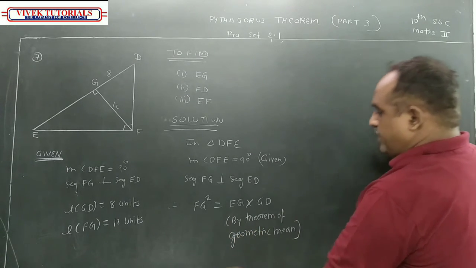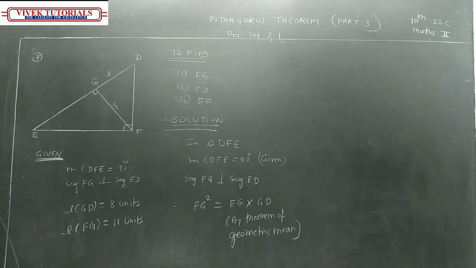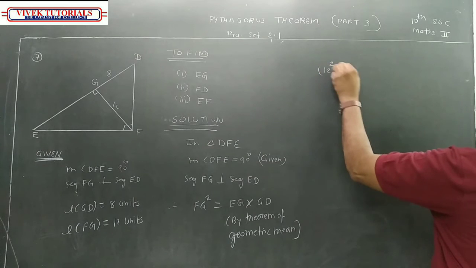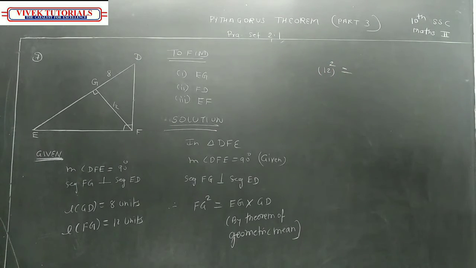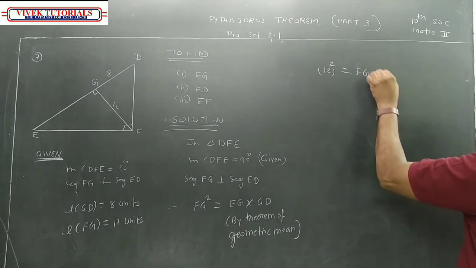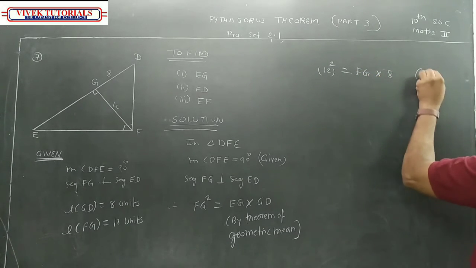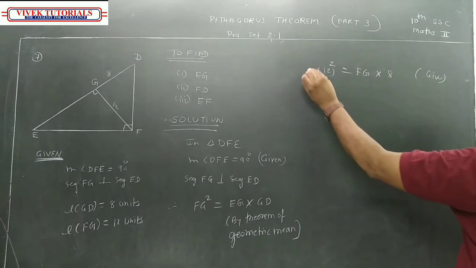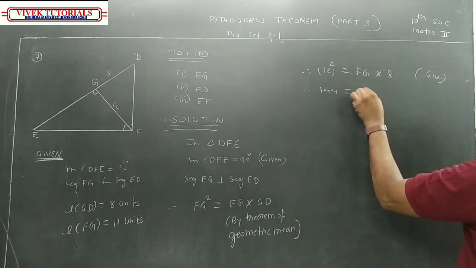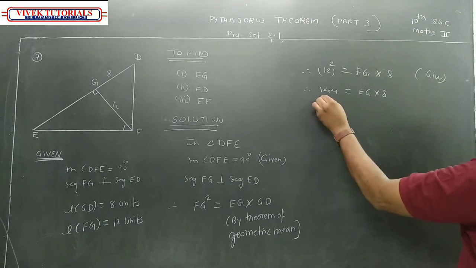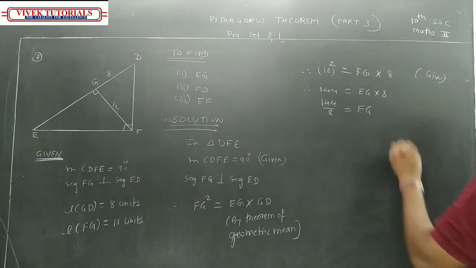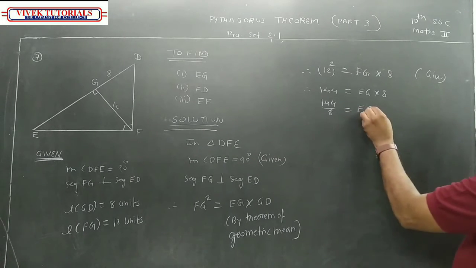Theorem of geometric mean. So we know that 12 square is equal to EG into GD, which is given. We know that 12 square is 144, EG into 8. 144 upon 8 is equal to EG.